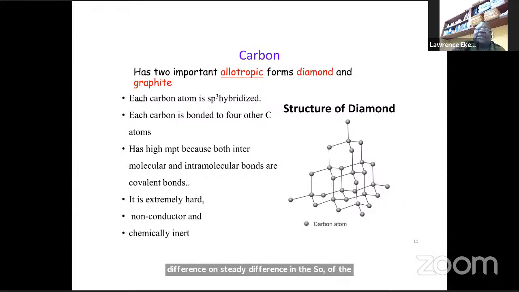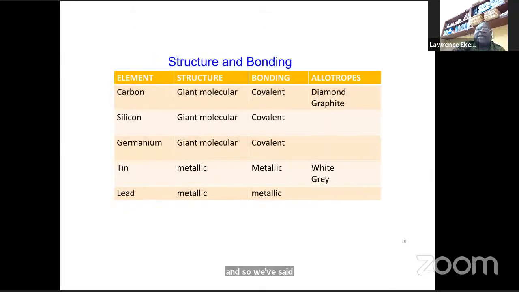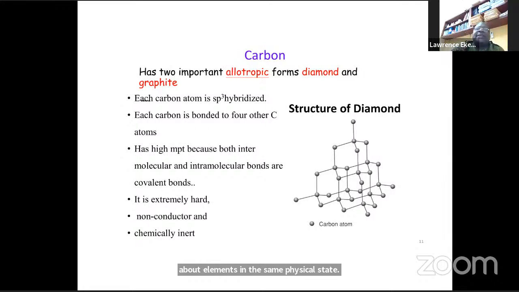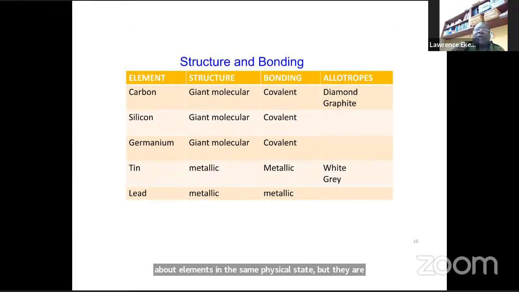And so we've said that every element in the P block, particularly in the carbon 14 family, exhibits allotropy. And what do we mean by allotropy? We are talking about elements in the same physical state, but existing in different molecular forms.